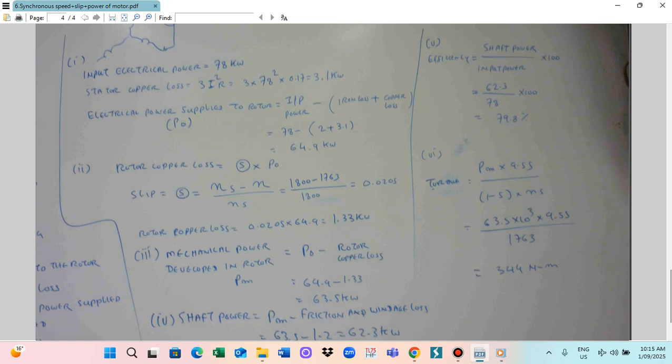Shaft power we calculated is 62.3 kilowatt and input power is 78, times 100. So then we calculate this to be 79.8%.